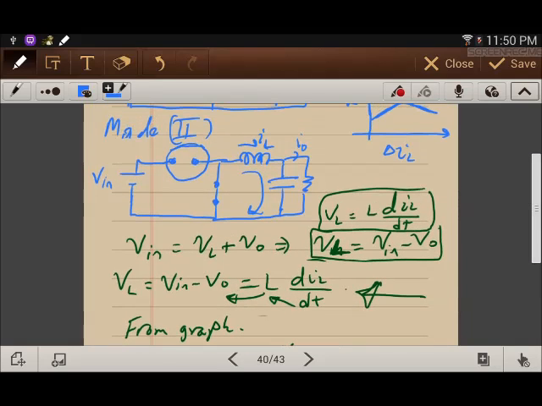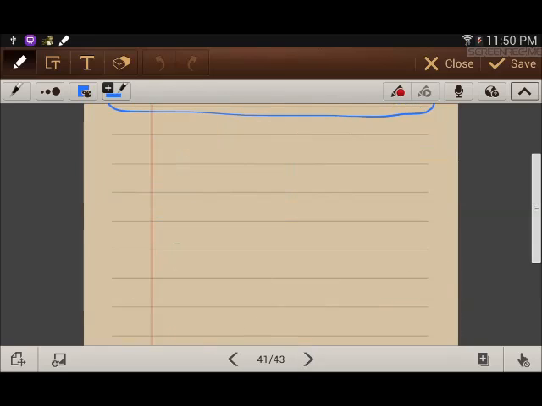So if I want to find the voltage-current relationship, this is VL, this is V out, so I can say VL is equal to minus V out. So VL is equal to L di L over dt. So minus V out is equal to L di L over dt.